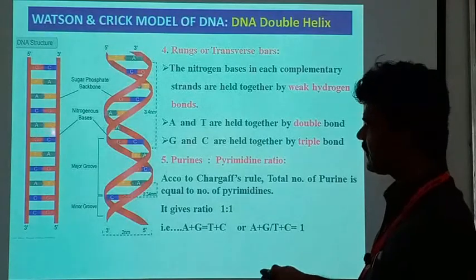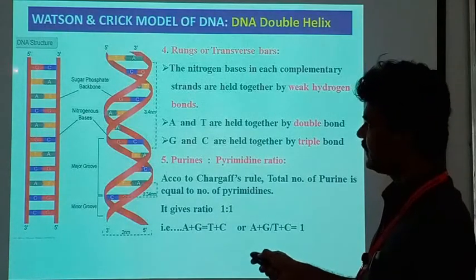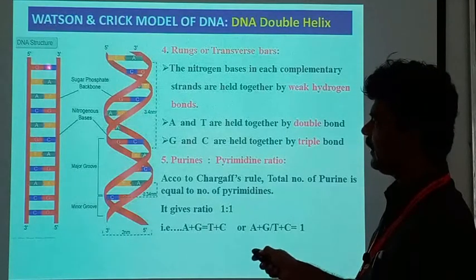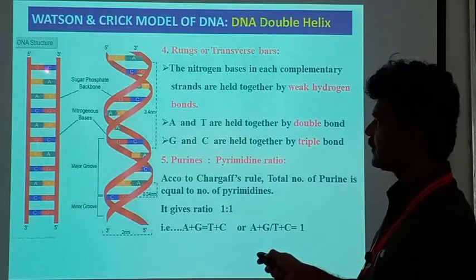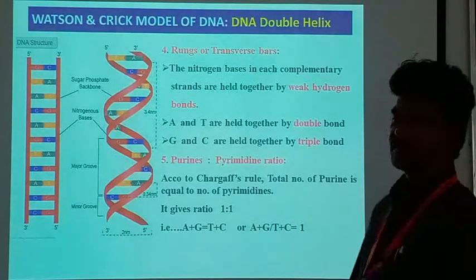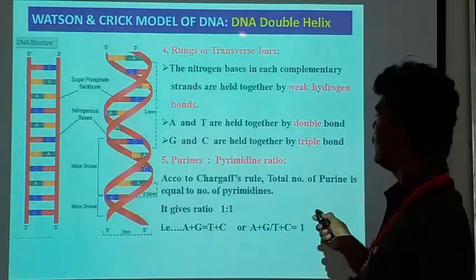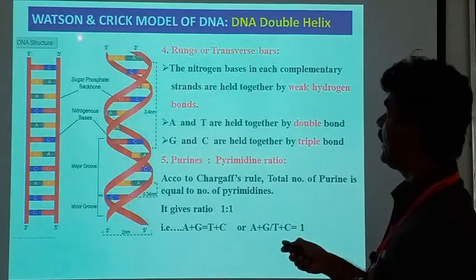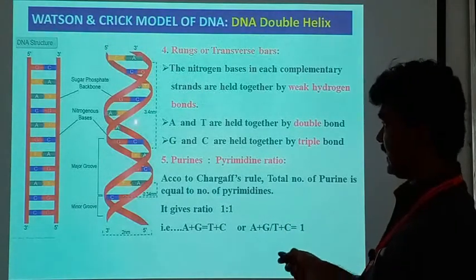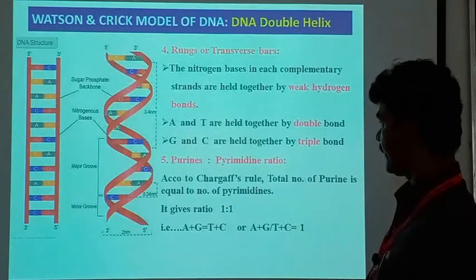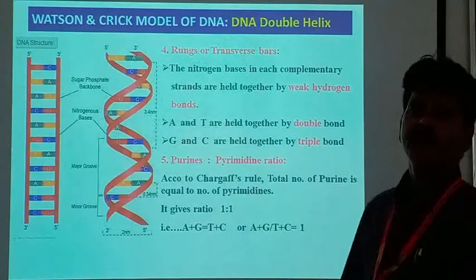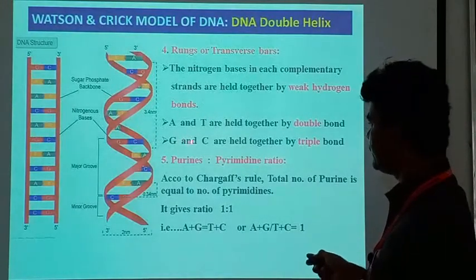And there are these transverse bars. These transverse bars are the pairing between purine and pyrimidine: G to C, T to A. The nitrogen bases are present on complementary strands. They are held together by a weak hydrogen bond. Means there is a hydrogen bond, where there is a double bond between A and T, and a triple bond between G and C.